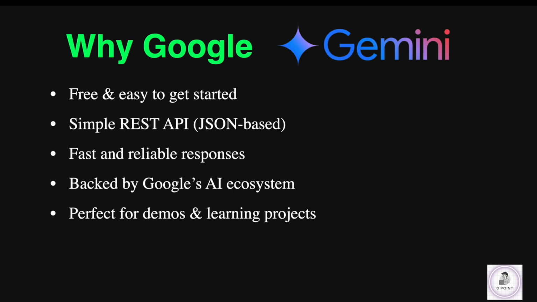If you are creating any demo or preparing for any presentation-related project, I recommend you go with Google Gemini. And one more thing, Google provides a lot of courses, and you can easily get free badges by creating an AI tool.